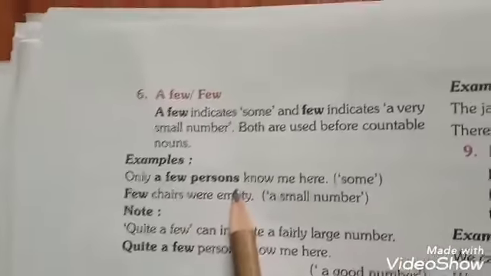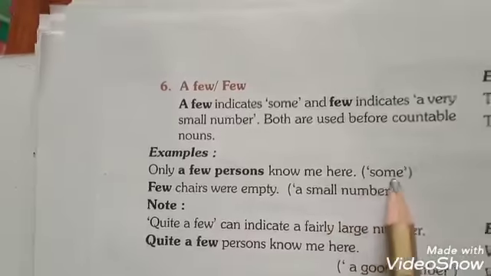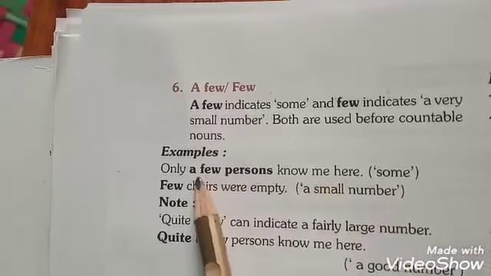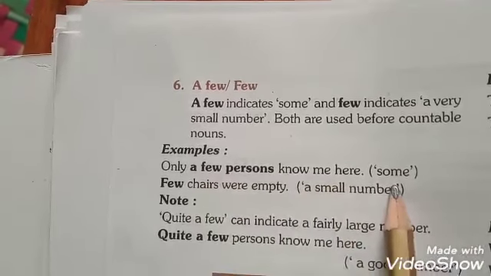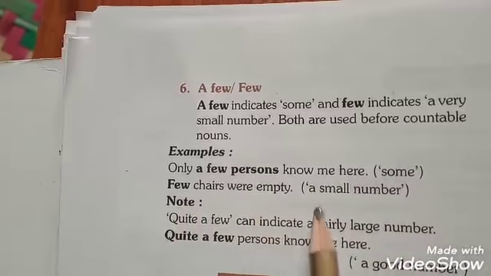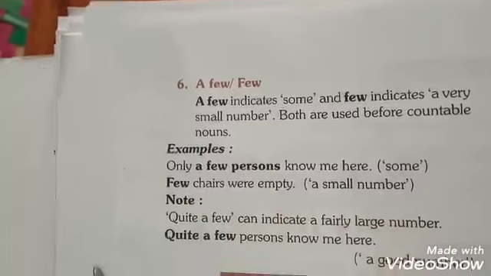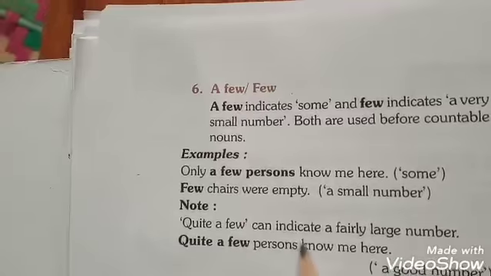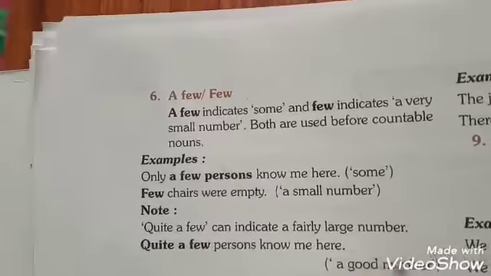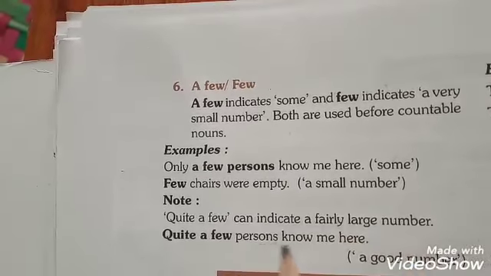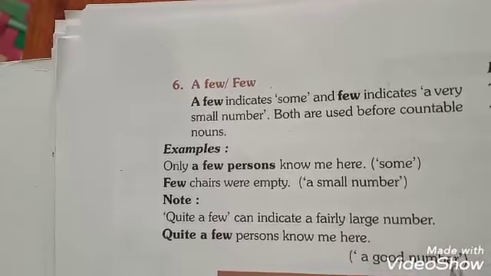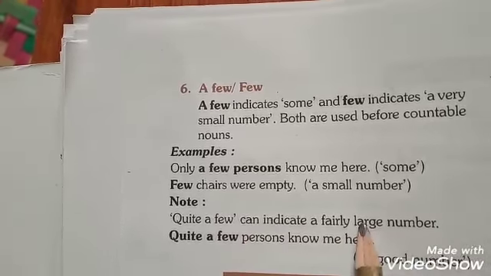Only a few persons know me here. Here a few stands for some persons. Few chairs were empty, a small number, very few. Quite a few can indicate a fairly large number. Quite a few persons know me here, a good number of persons know me here.